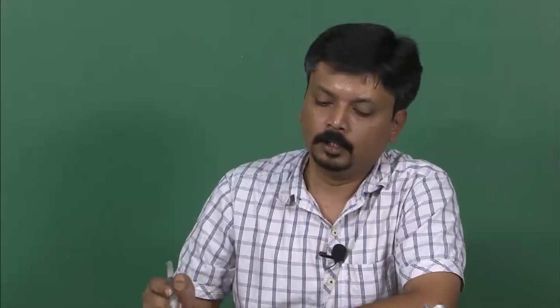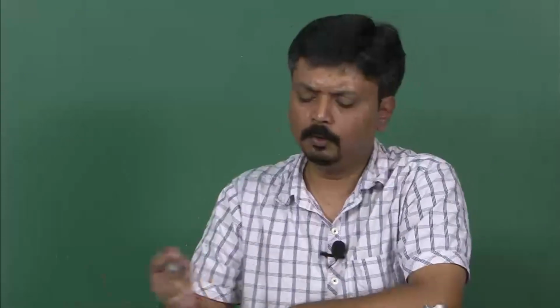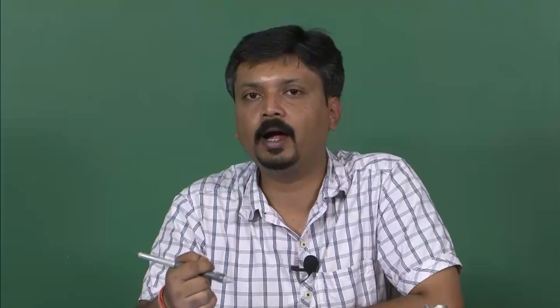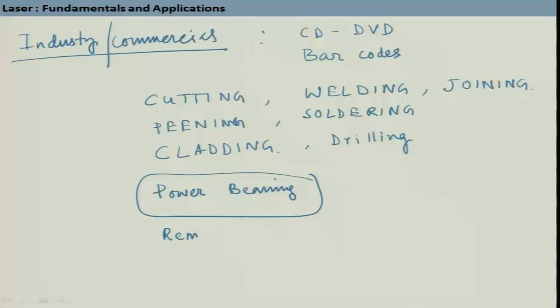Apart from this, if you open any commercial website today, you will see various controlling devices, particularly remote controlling devices. There you find the application of lasers. Laser is used in remote sensing devices, which are based on optical sensing mechanisms.